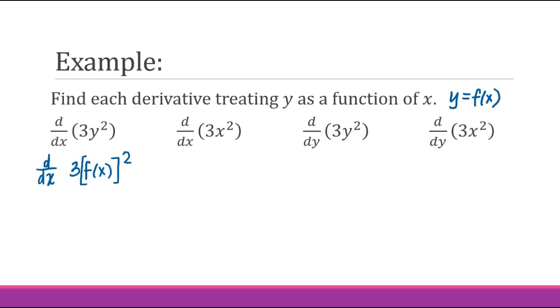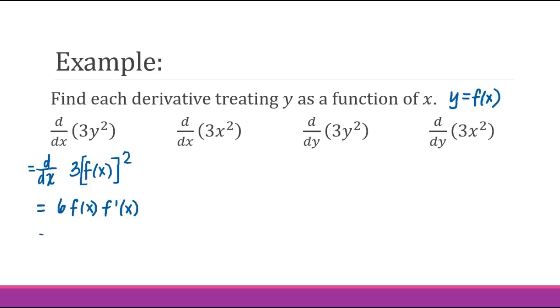So now I can think about this problem as a chain rule. If I take the derivative of this, bring that 2 to the front, so I'm going to get 6, leave the inside the same, f of x, times the derivative of the inside, we're going to get just generically f prime of x. Now this looks a little messy.